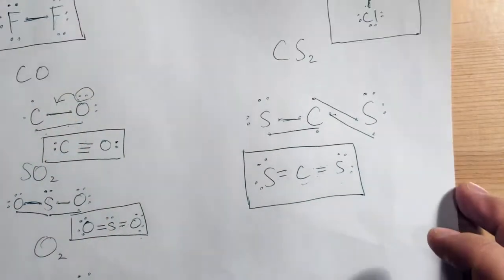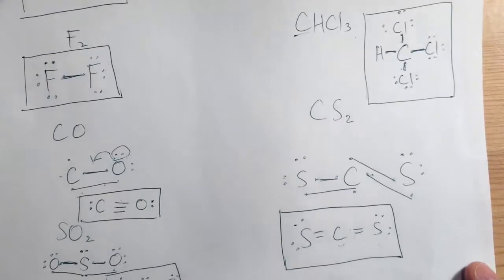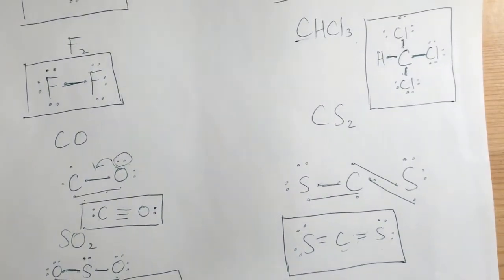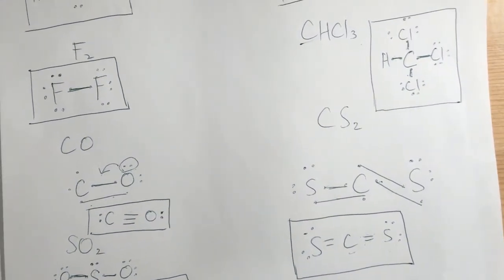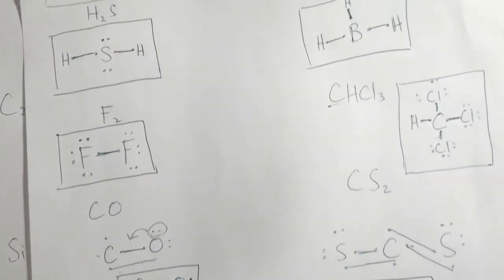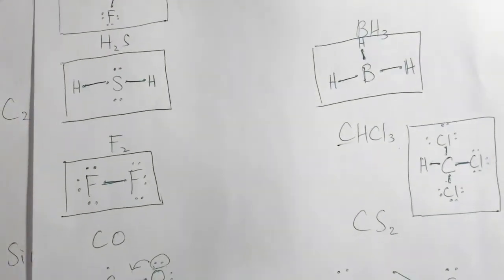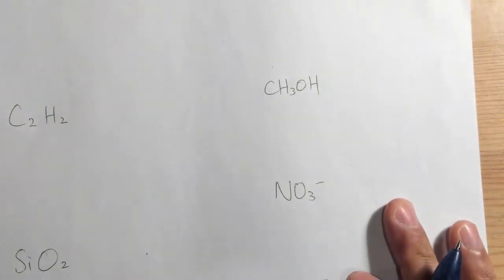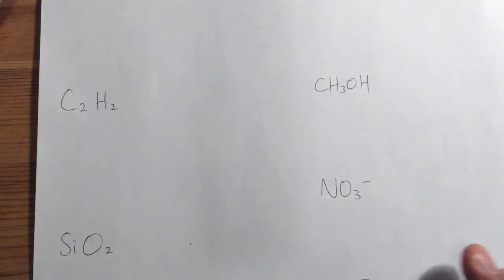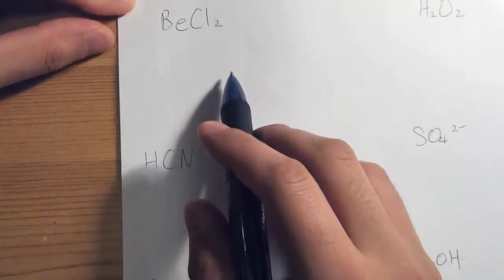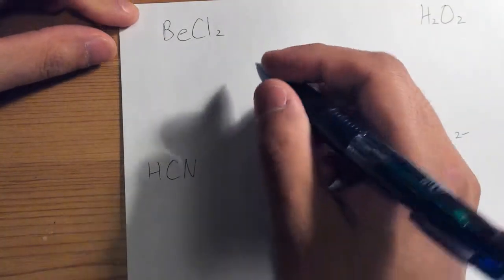Alright, so this would be the first 10 problems of the practice problems. So if you got them right, then good job. So we're going to move on to the next problem. This is number 11 now. Number 11, BeCl2.